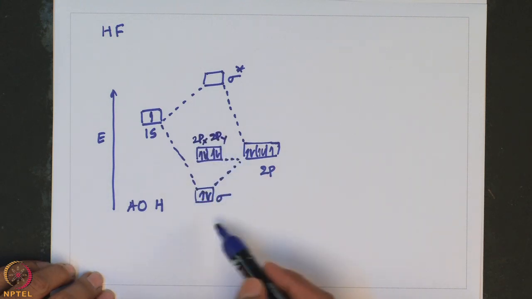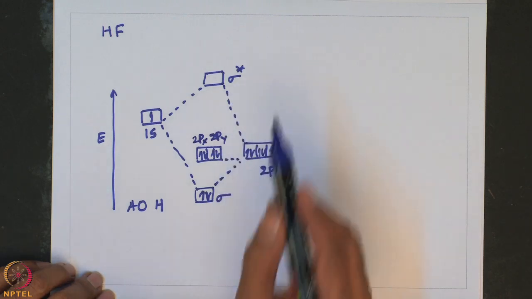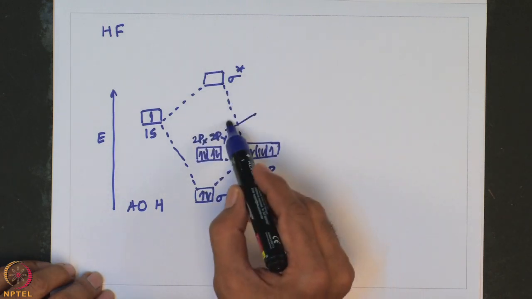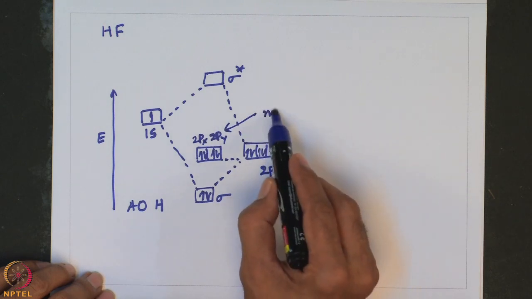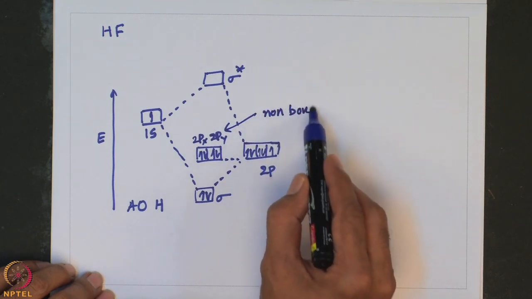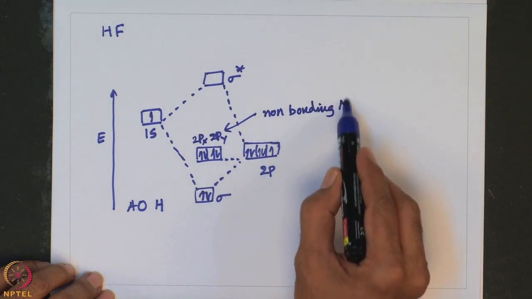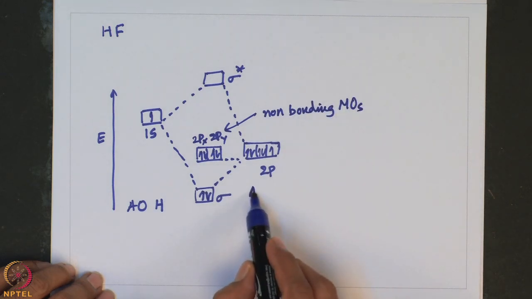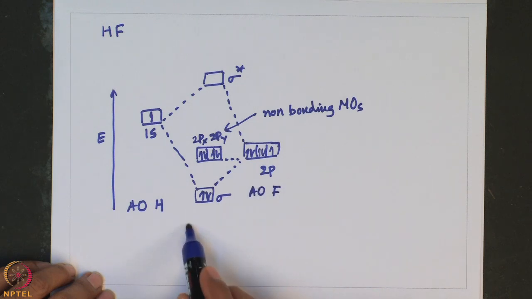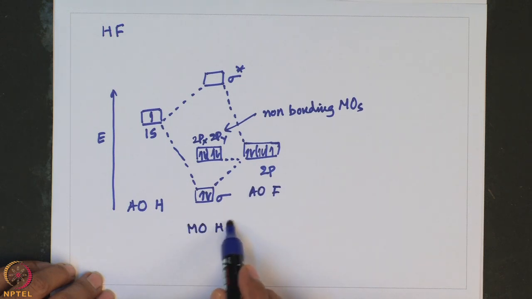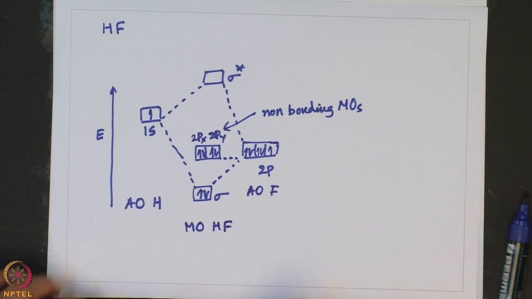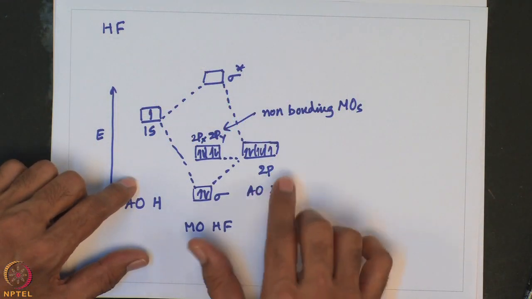That means pz is combined with this one. This is sigma, sigma star, and these are essentially non-bonding molecular orbitals, atomic orbitals of fluorine and molecular orbitals of HF. So, this is how one can write the molecular orbital diagram for a heteronuclear diatomic molecule. Here one should remember the electronegativity of 1s is remarkably less compared to the electronegativity of 2p.